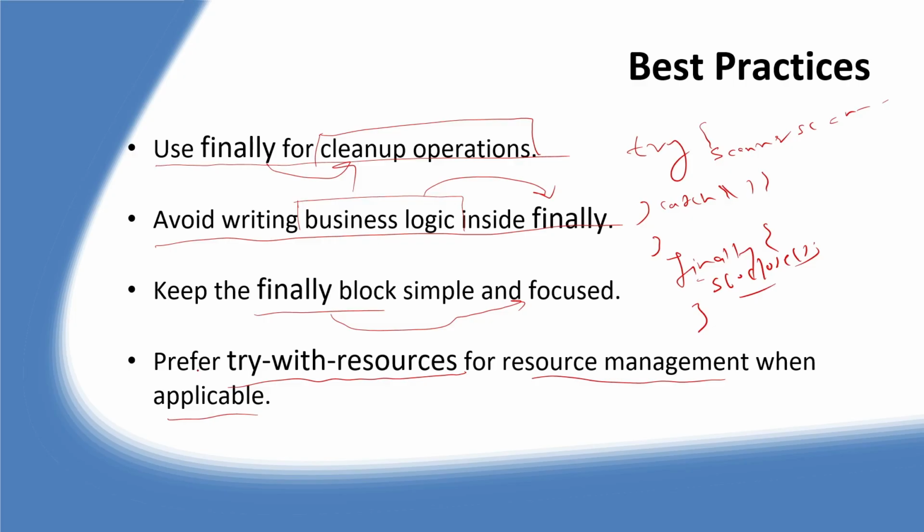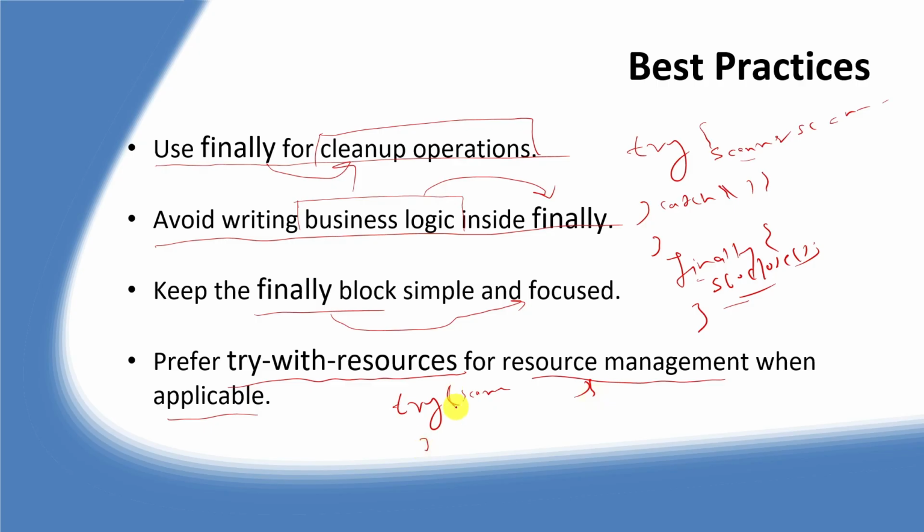The last point says to prefer try with resources for resource management whenever applicable. That means, instead of opening the resource in the try block and closing it in the finally block, we can use try with resources. How will it work? After try, in parentheses, we provide the resource, such as Scanner.